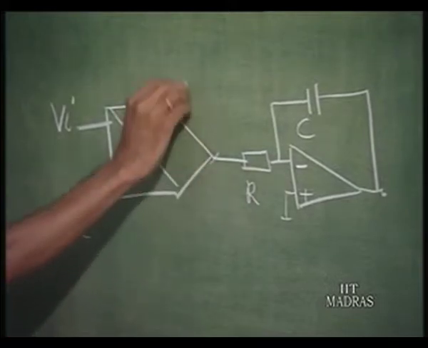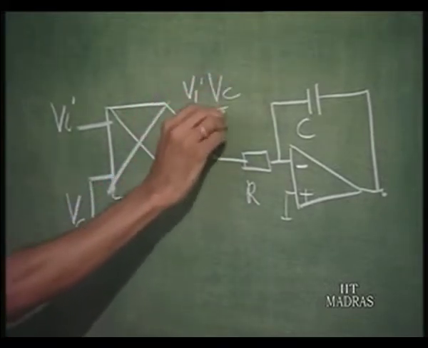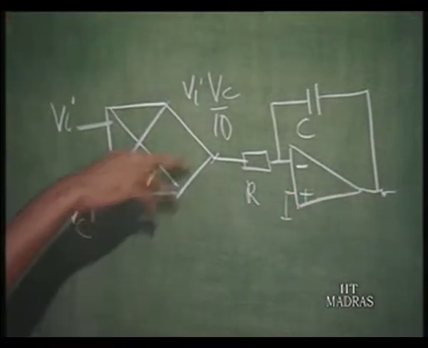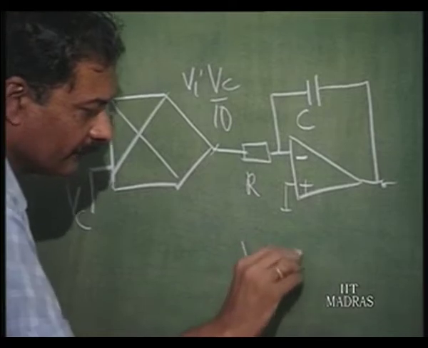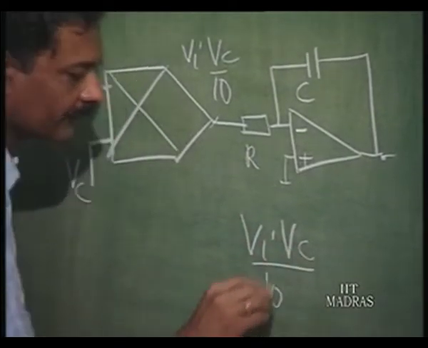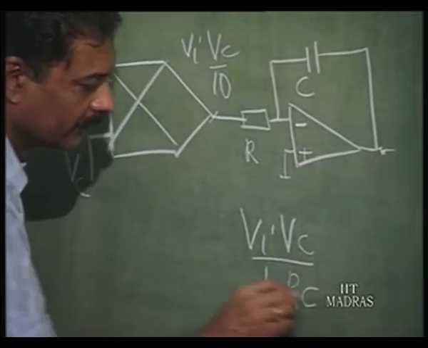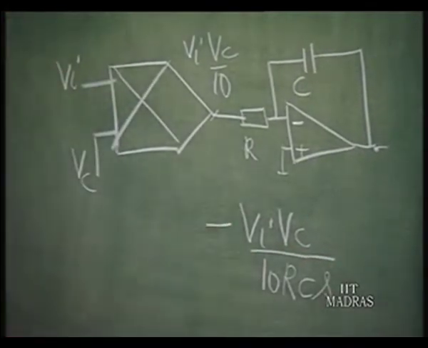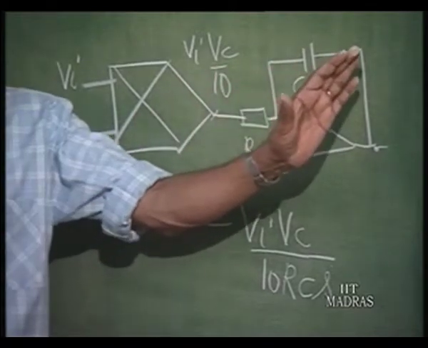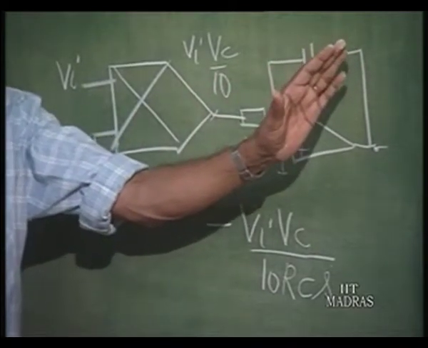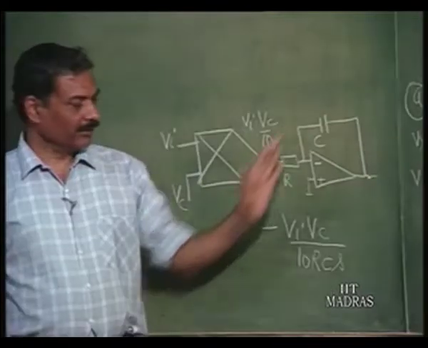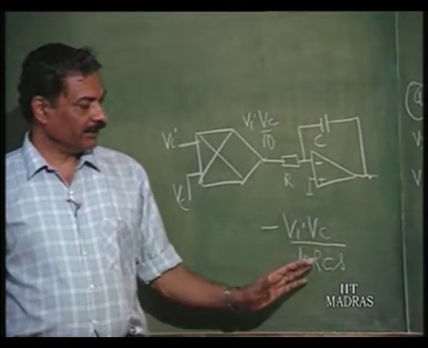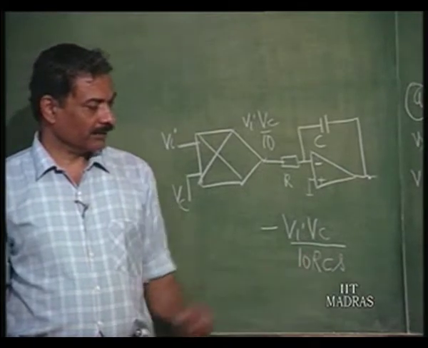So, obviously, this becomes Vi Vc by 10. So, output now becomes integral, therefore, Vi Vc by 10 RC S, with a negative sign. Normal integrator output is minus Vi by S C R. So, now it becomes minus Vi by 10 into Vc by RCS.